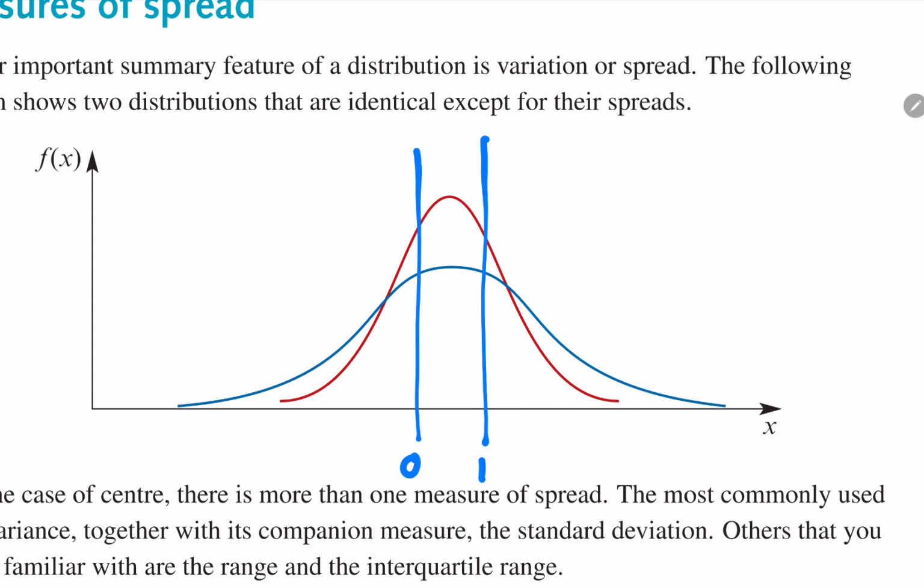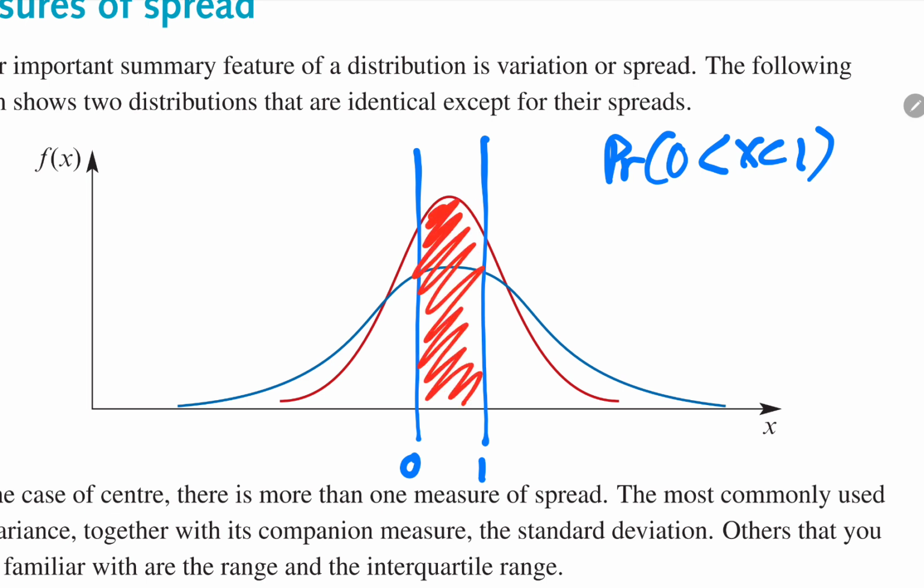So which one has a bigger value of P(0 < x < 1)? Red. Yes, it's higher, because we're talking about area under the curve. For the red curve, this is the total area, because probability is the area under the curve for the PDF.